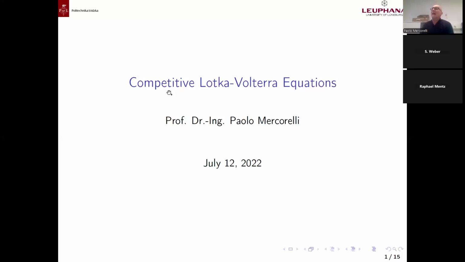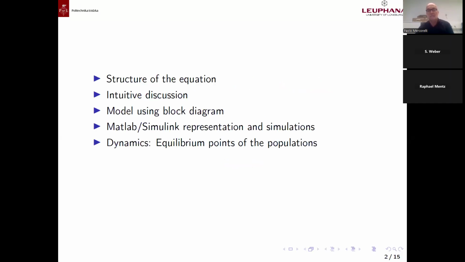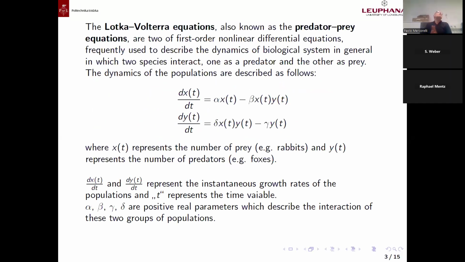Look at this line. Competitive Lotka-Volterra equations. Look at these two equations in the middle. I don't want to be boring, but you can see directly that the derivative of x with respect to time equals alpha multiplied by x.